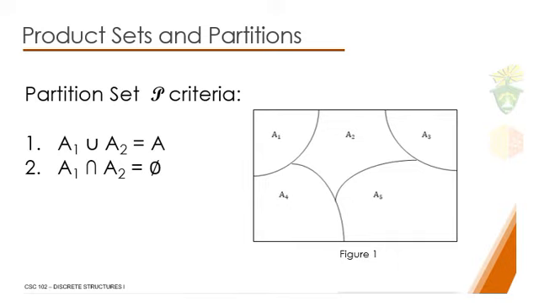Second, ang intersection pod sa iyang mga subsets dapat 0 or null or empty. So graphically, ang partition set mura siya kaning nasa figure 1. Given the universal set A, naa siya'y mga partitions nga iyang mga subsets.